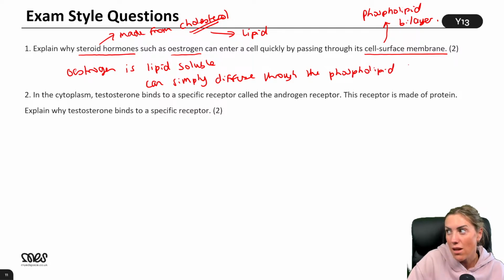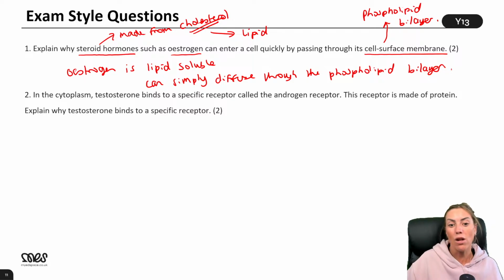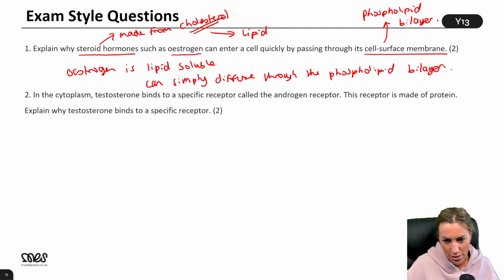If it's not lipid soluble, if it's water soluble or polar, it can't diffuse through the phospholipid bilayer. It has to use a channel protein or something. But this hormone can simply diffuse.